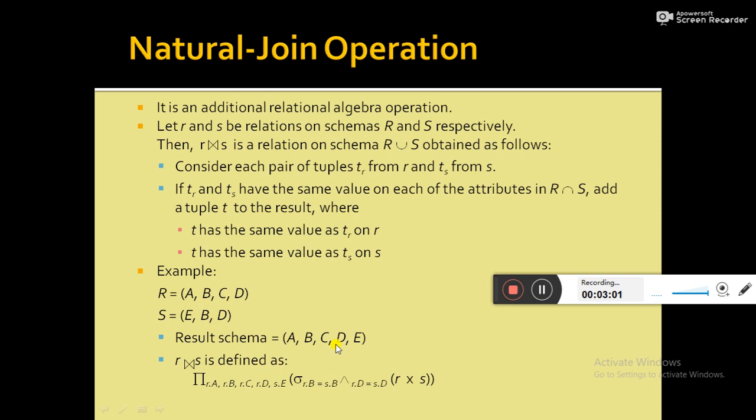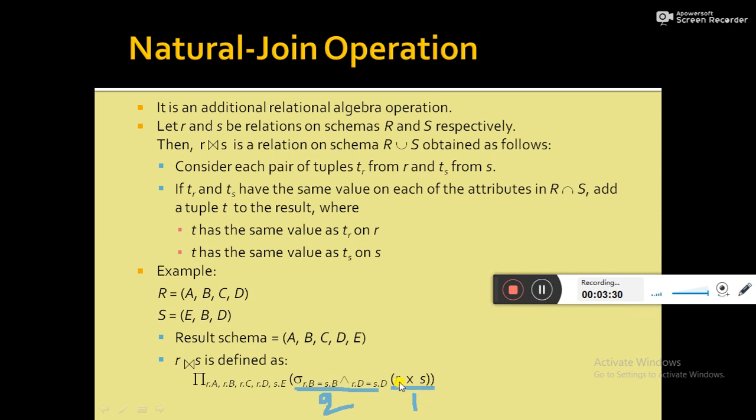And second, what about the tuples in the resultant relation? R natural join S means first it will do R cross S. R cross S means it performs the Cartesian product operation. So this is step 1.